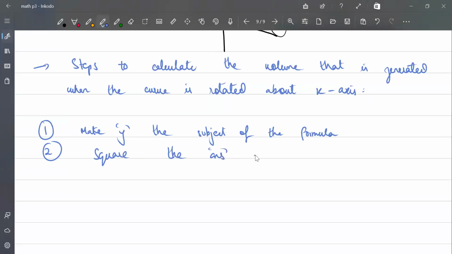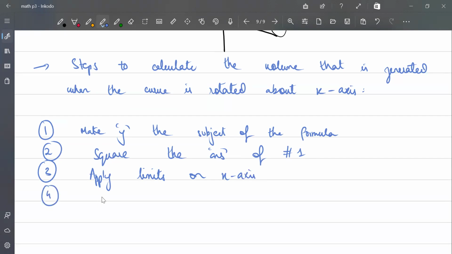Step number three: apply limits on the x-axis.